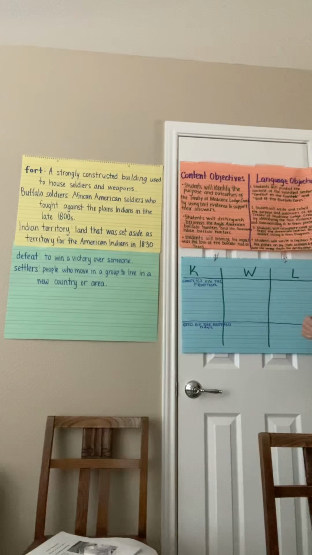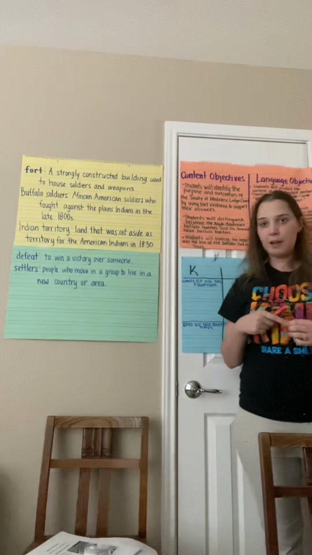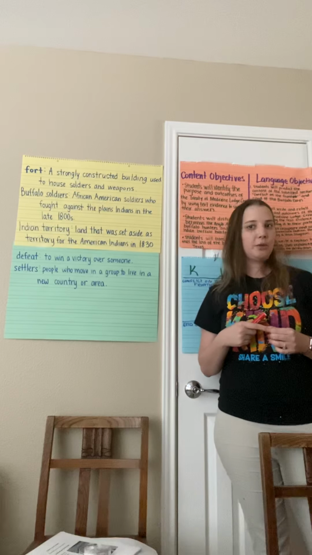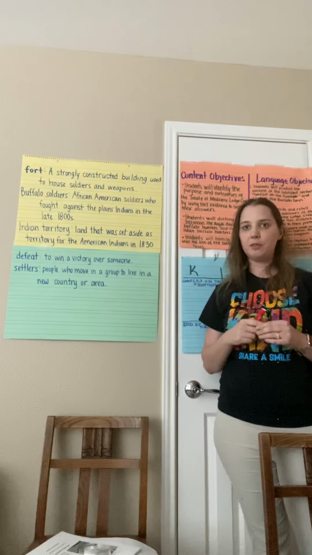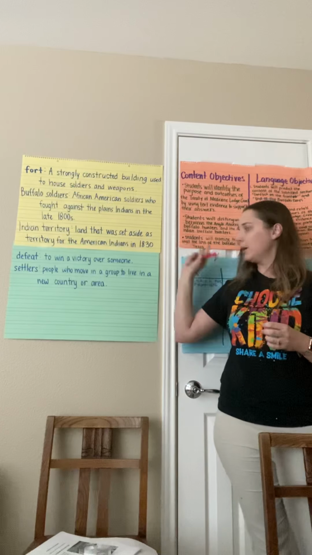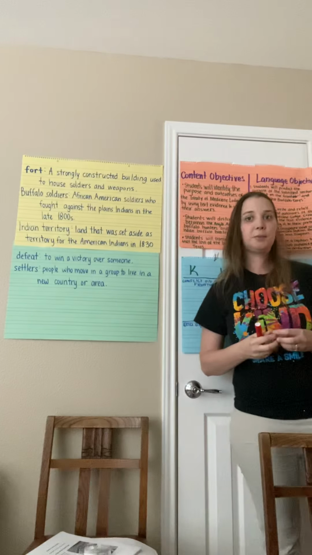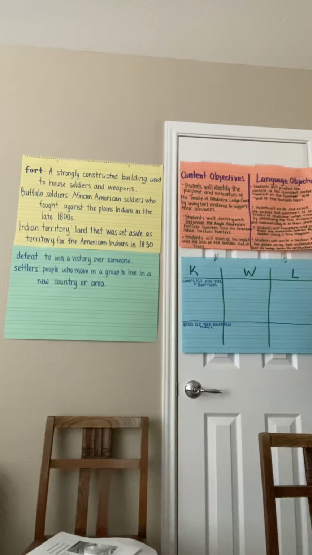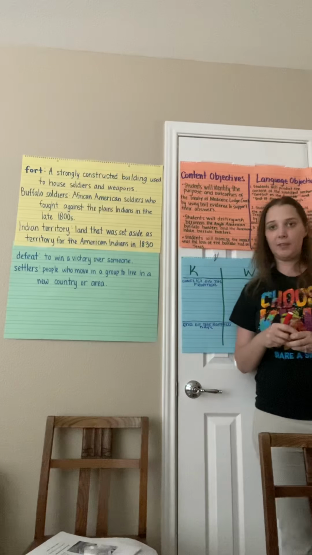Students will compare and contrast the American Indian buffalo hunter using a Venn diagram. So a Venn diagram is a graphic organizer we're going to use to compare those two types of buffalo hunters that you're going to learn in your content objectives. And then students will write a caption to the picture on page 260 explaining how the image shows the destruction of the buffalo, okay?